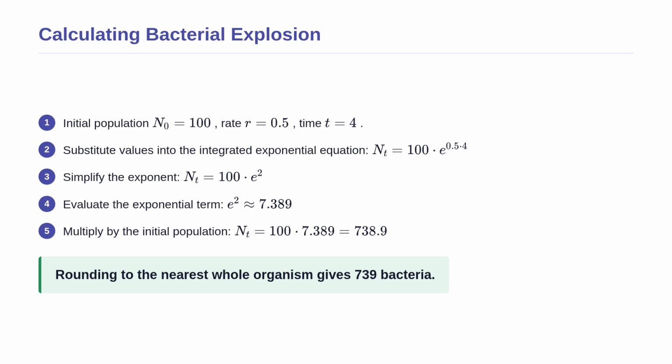Multiplying the rate and time gives us an exponent of 2. The constant e squared is approximately 7.389. Multiplying this growth factor by our starting 100 gives 738.9. Since we can't have a fraction of a living bacterium, we round to exactly 739 bacteria. This proves how rapidly a population explodes under ideal conditions.